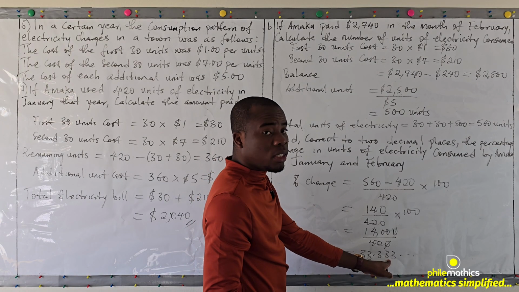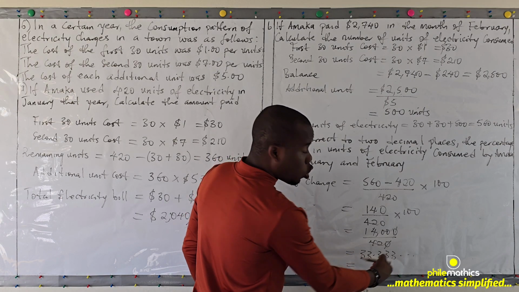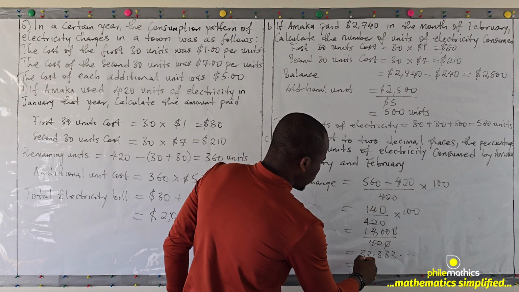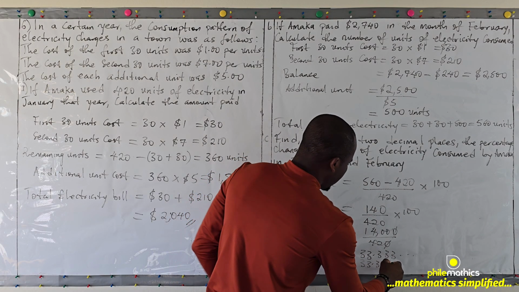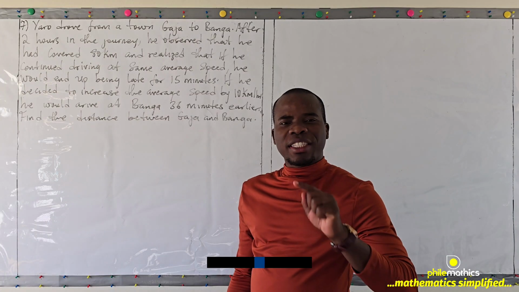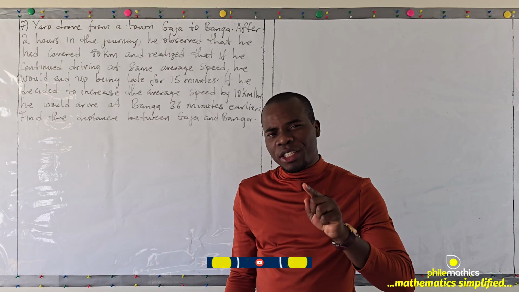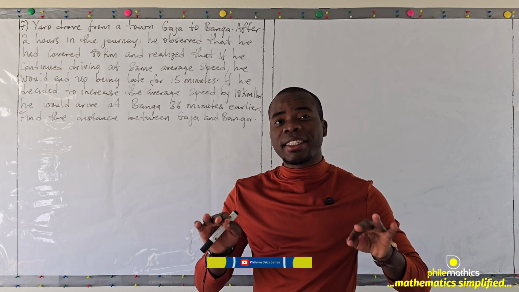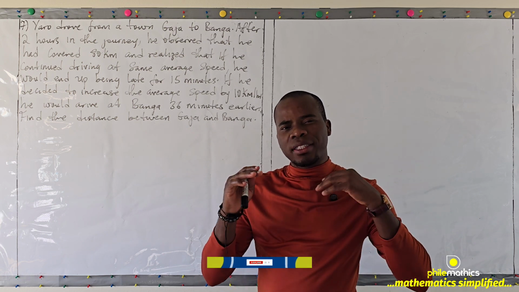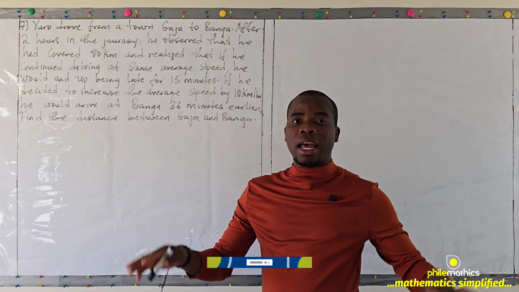Since the next digit is not up to 5, we round down. And so this is 33.33%.